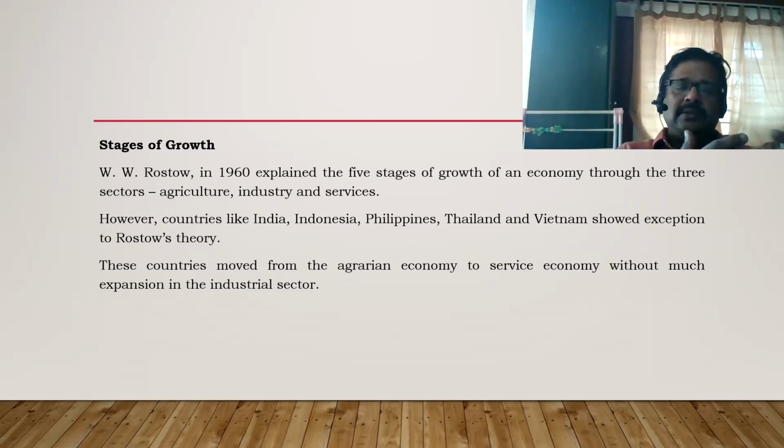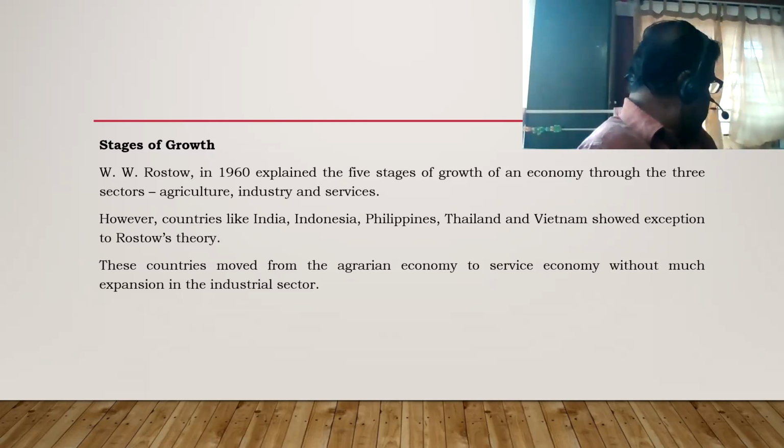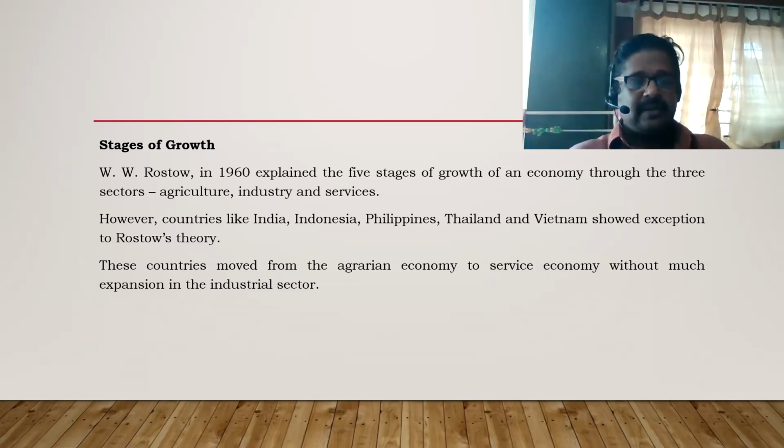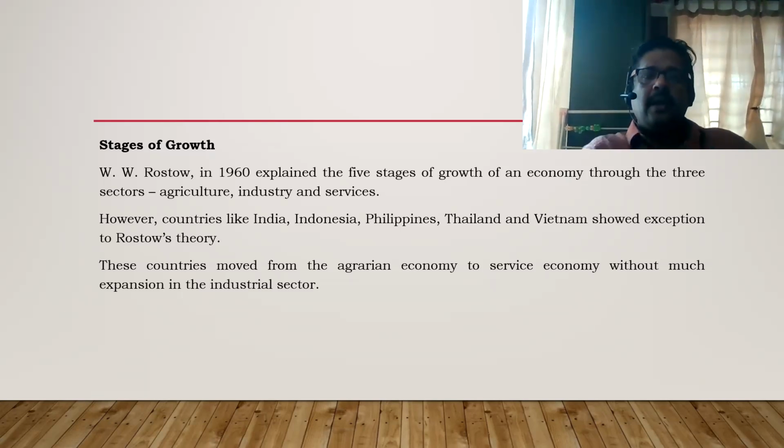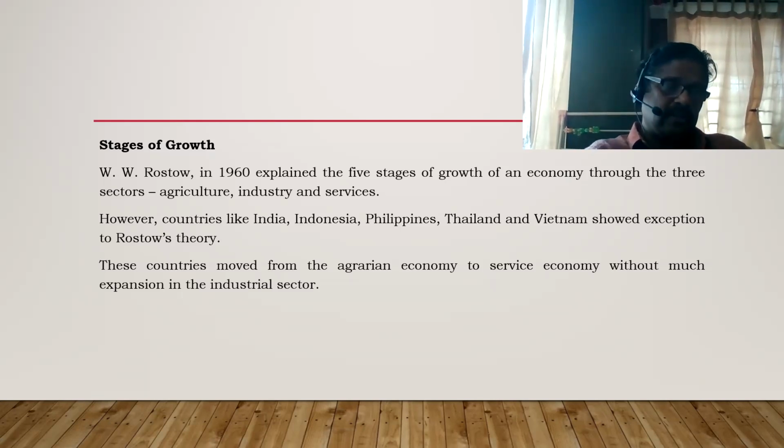This agrarian economy slowly develops and becomes an industrial economy. And from there, it again develops and becomes a service economy, where the tertiary sector will be dominating. So there are 5 stages which are explained through the development of these 3 sectors.